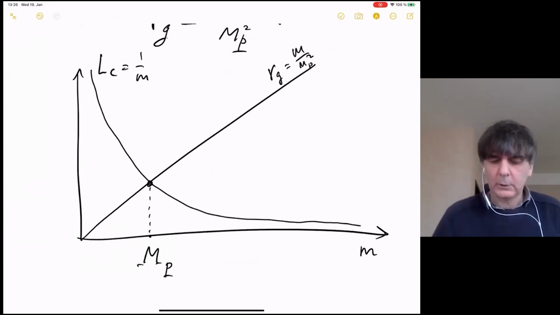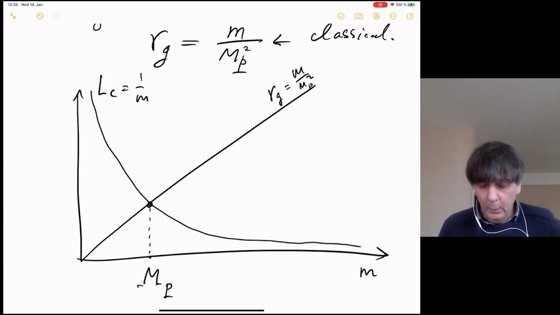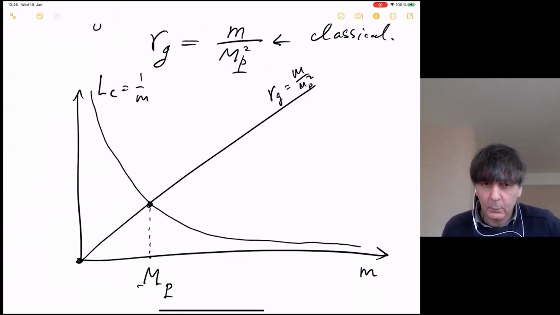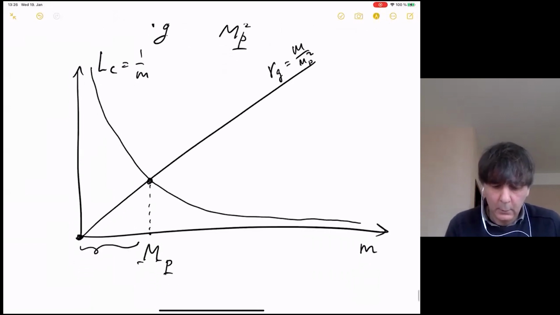Very interesting. So let's see, what are we learning from here? If a particle is much lighter than the Planck mass, if we are in this domain, here it's a domain of elementary particles.